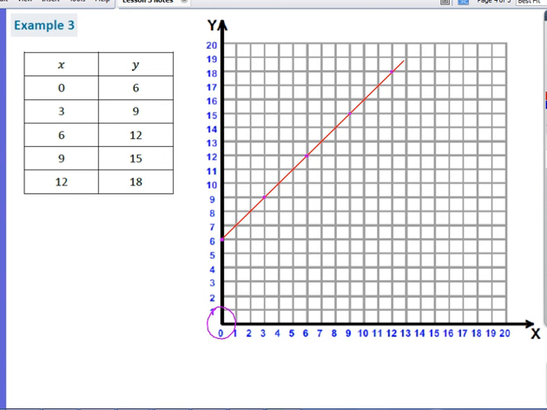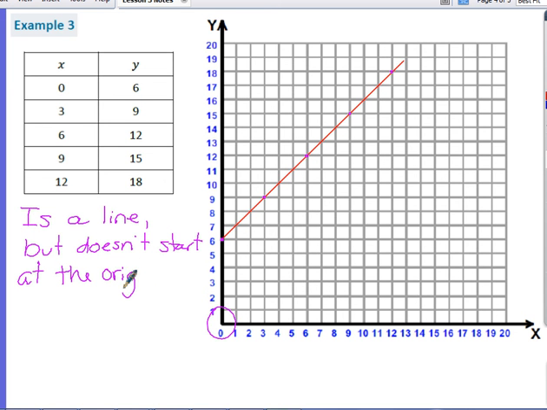So we can say that this is a line, but doesn't start at the origin. So therefore, this is also a non-proportional relationship.